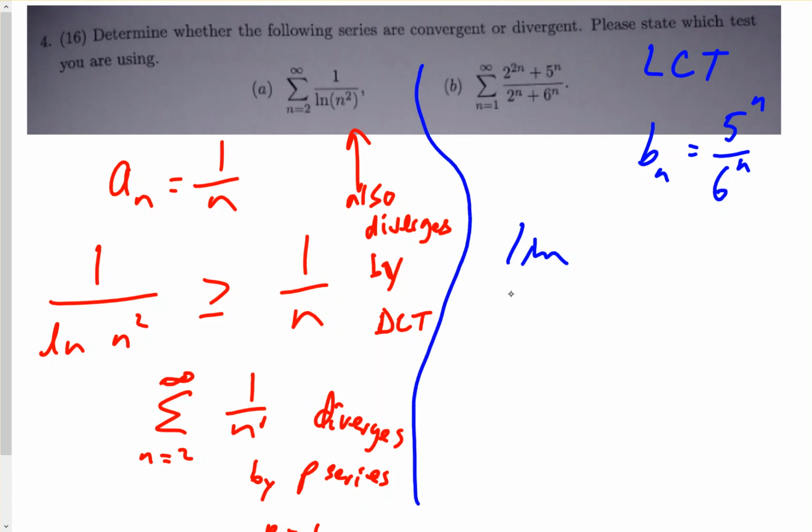The limit as n approaches infinity, we have 2 to the 2n plus 5 to the n over 2 to the n plus 6 to the n, divided by 5 to the n over 6 to the n. However, division by this fraction is multiplying by its reciprocal.